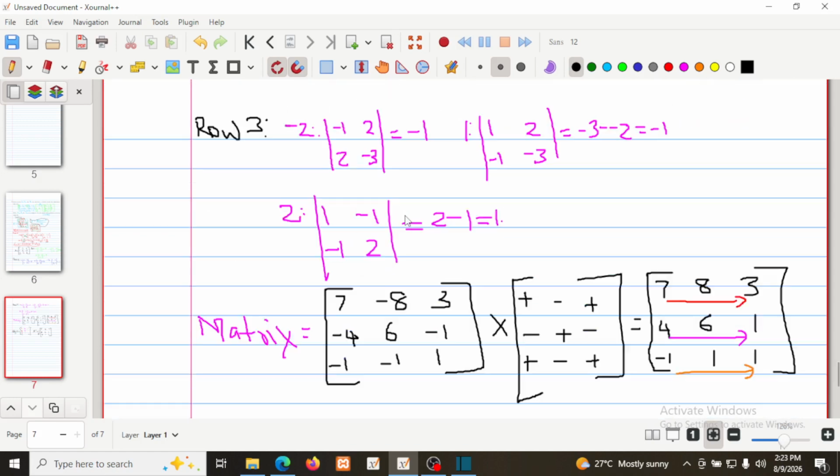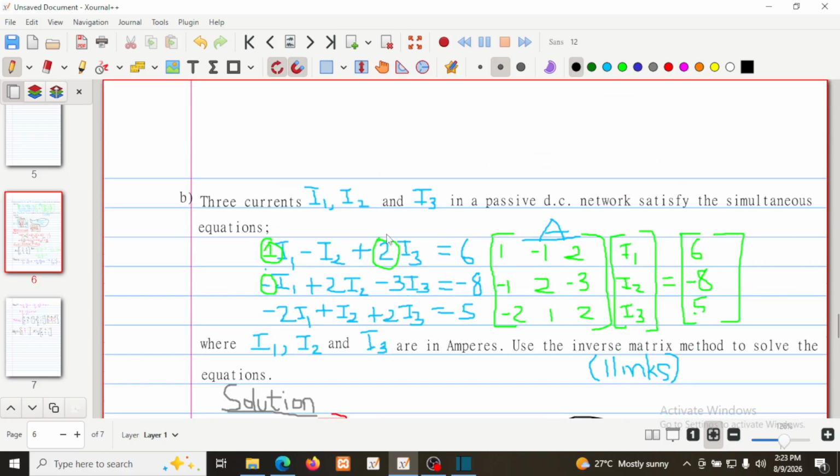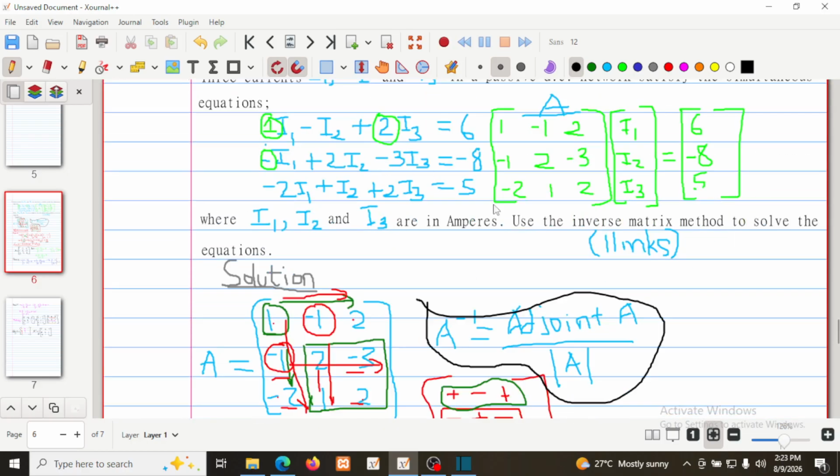Okay, now we have found the inverse, that was the first step. Now we multiply the inverse on both sides of this big statement.